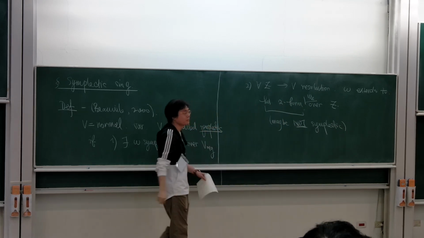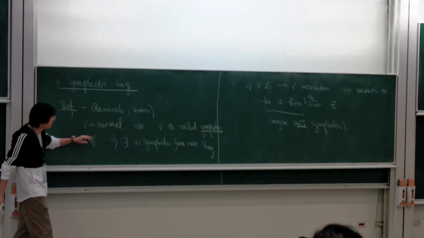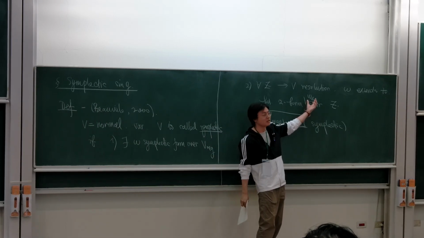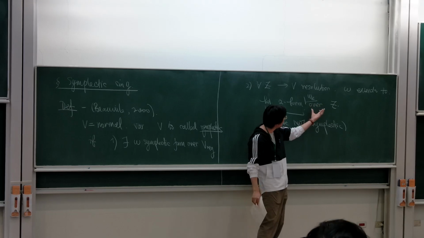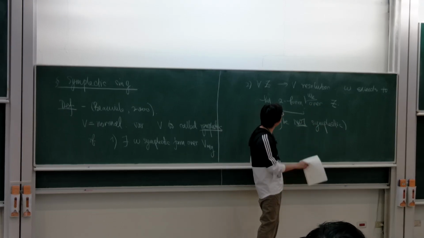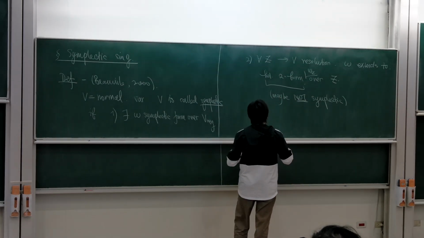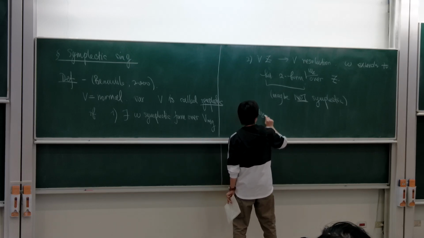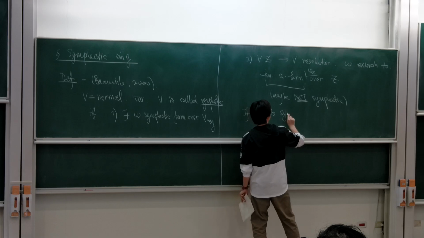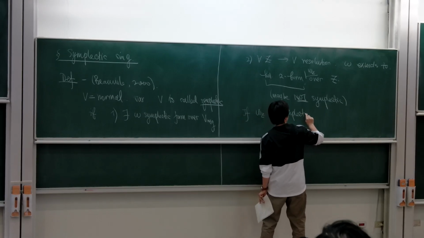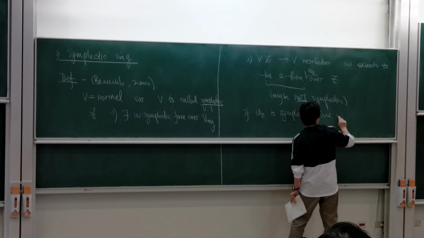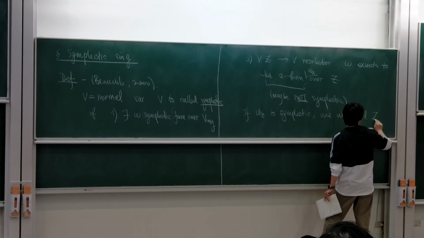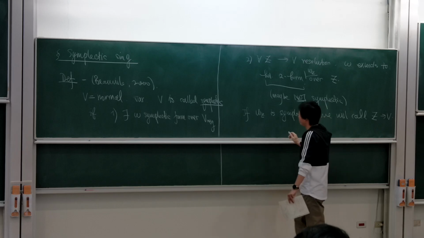So if you have some symplectic variety, and you take some resolution such that the extension of this symplectic form on Z is symplectic, then we will call this Z a symplectic resolution of V. So if omega Z is symplectic again, we will call Z a symplectic resolution.